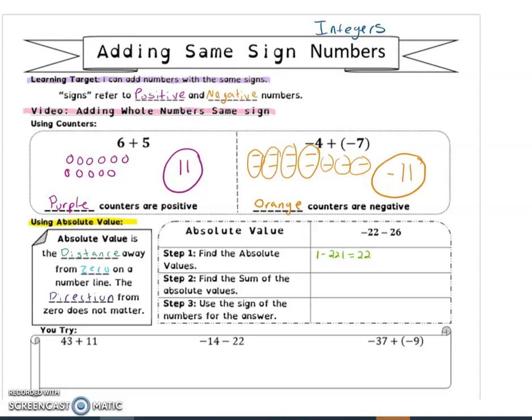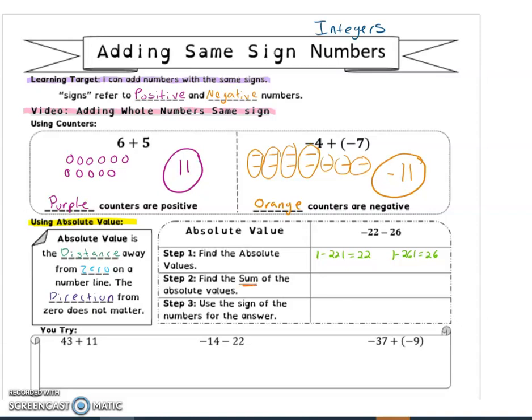And then we need to find the absolute value of -26. So how many numbers away from 0 is -26? Just 26.